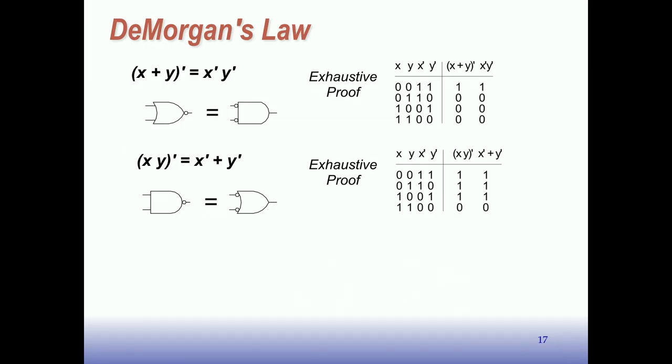Likewise, an OR gate with inverted inputs is equivalent to a NAND gate. That's just another way to imagine De Morgan's law. And I've proved all that over here for you, so you can see how that exhaustive proof works.